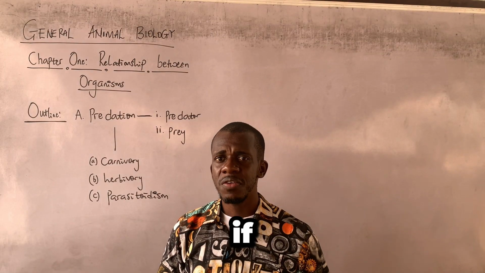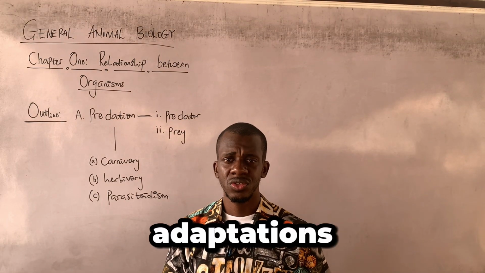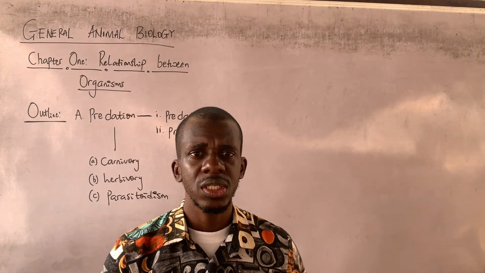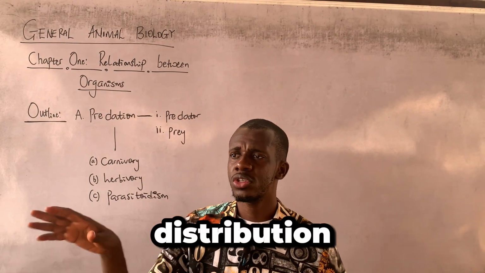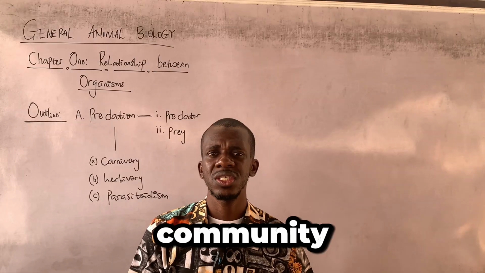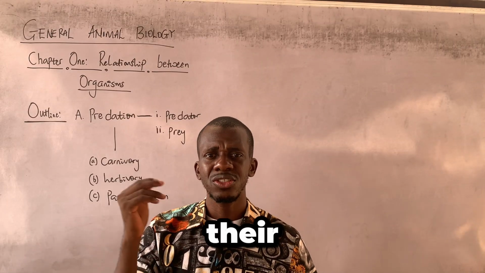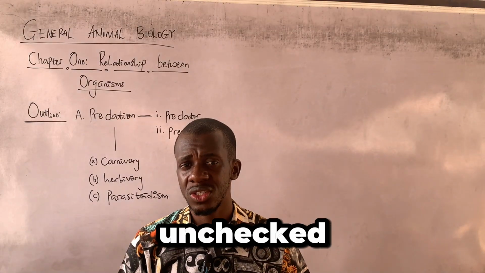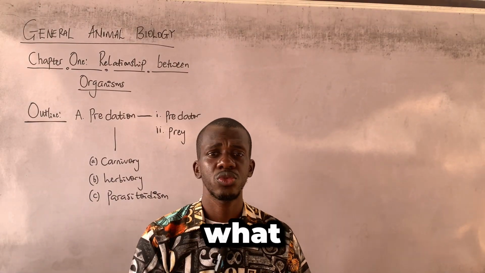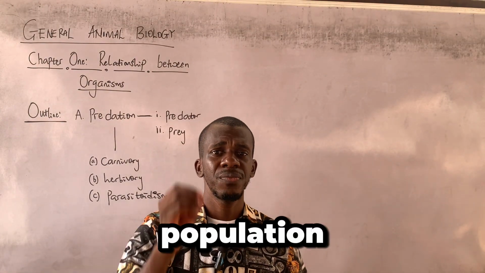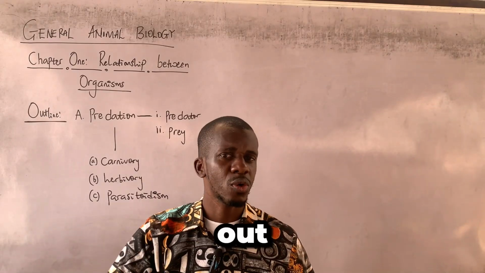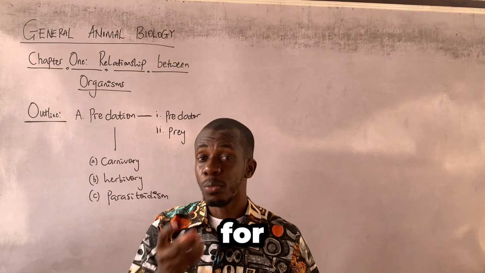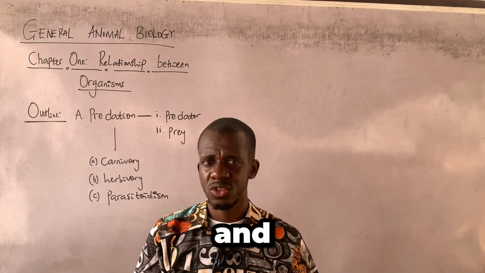Because if they don't possess these adaptations and they are continually being preyed on, a time will come their distribution in a particular community will become diminished. Their total population will deplete, and if this continues unchecked, unhindered, it could lead to what we call a population extinction. They could be wiped out completely. You see that? So the essence of adaptations for prey is to guarantee their safety and survival.